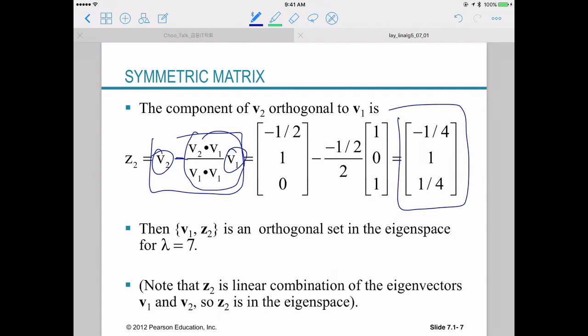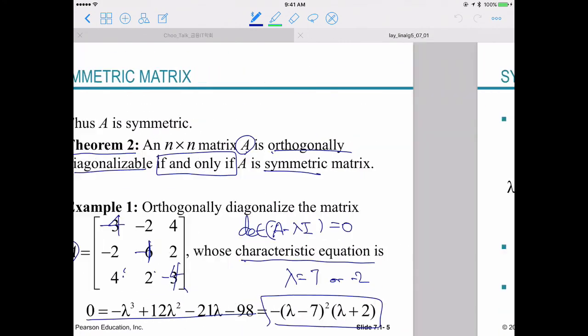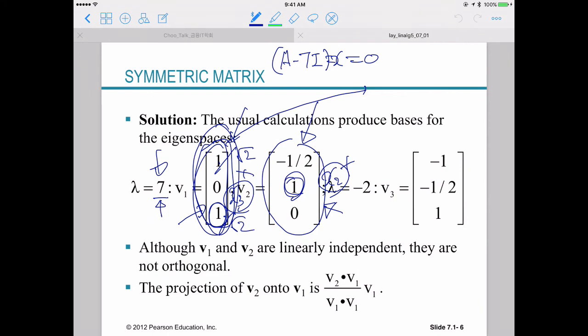After subtracting the projection part, we just normalize it so that the vector length is 1, and the resulting vector is this one. So we now have two eigenvectors which are orthonormal for this eigenvalue.